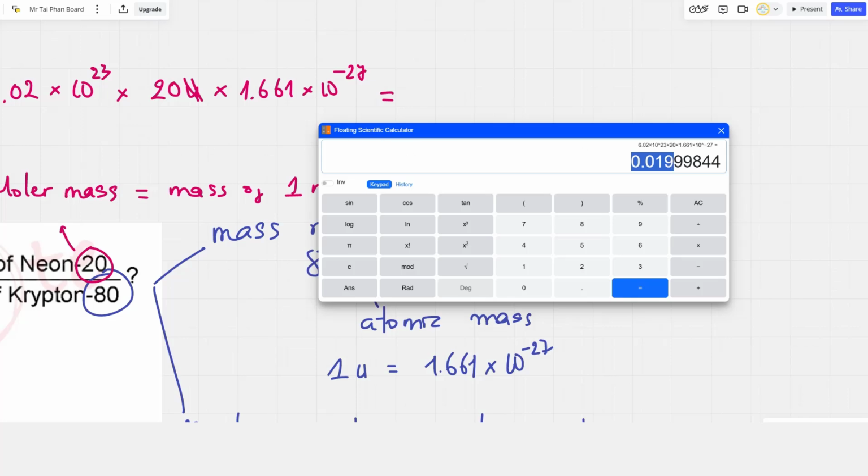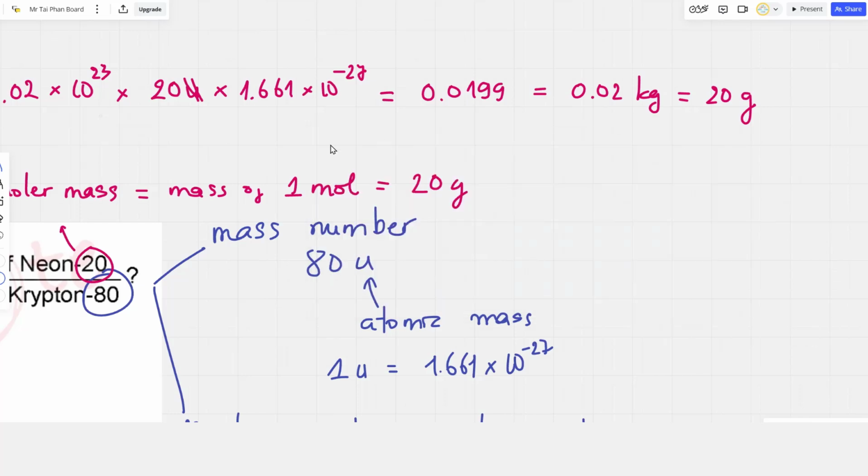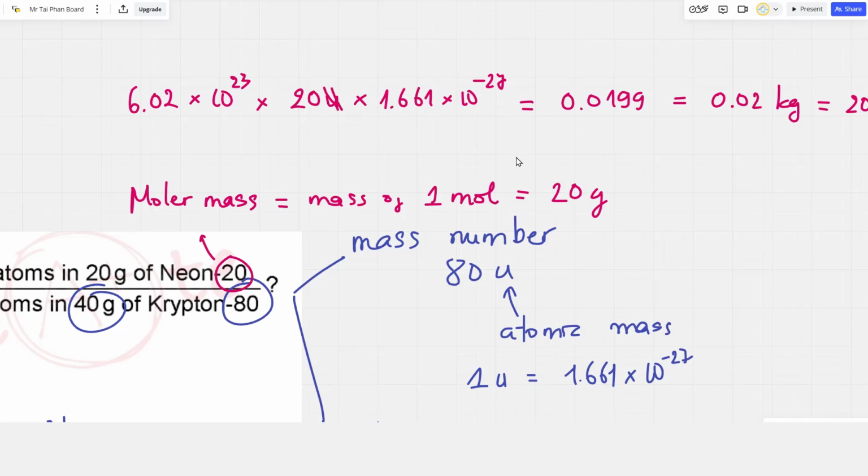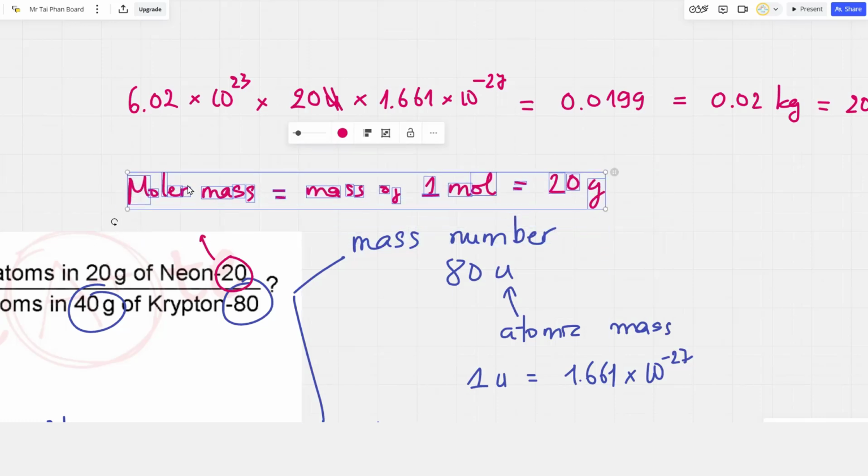Let me write this value, 0.0199, but very close to 0.02 kilogram, which is 20 gram. Therefore, the mass number, which is the mass of one single atom, is also equal with the molar mass, which means the mass of 1 mole, 6.02 times 10 to the 23, like 6 trillion billion atoms.